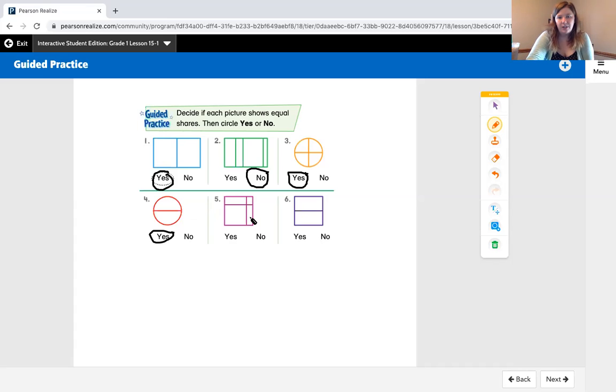Are the shares equally divided? No. Not everyone would get the same amount. Number 6. How many shares are there? 1, 2. Are the shares equally divided? Yes, the shares are equally divided.